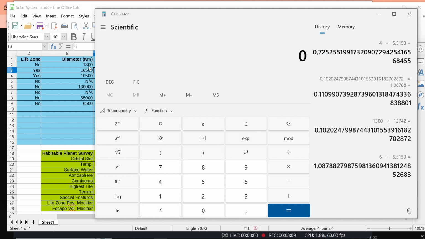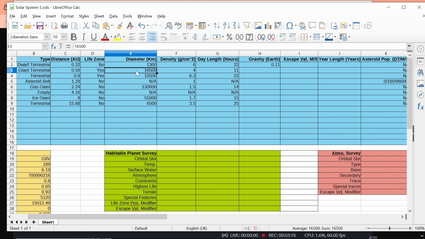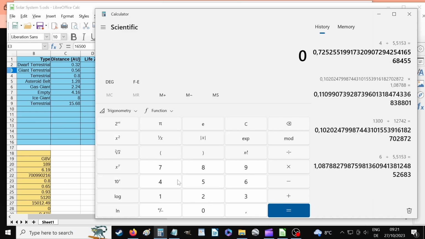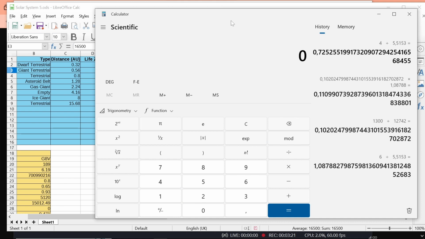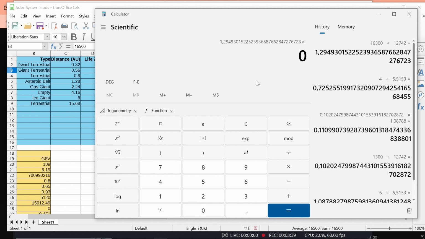Then we have the diameter of our second planet, 16,500, not 1650. 16,500 divided by 12,742 equals 1.29, and we'll take that and multiply it by the last calculation, which is 0.725255.